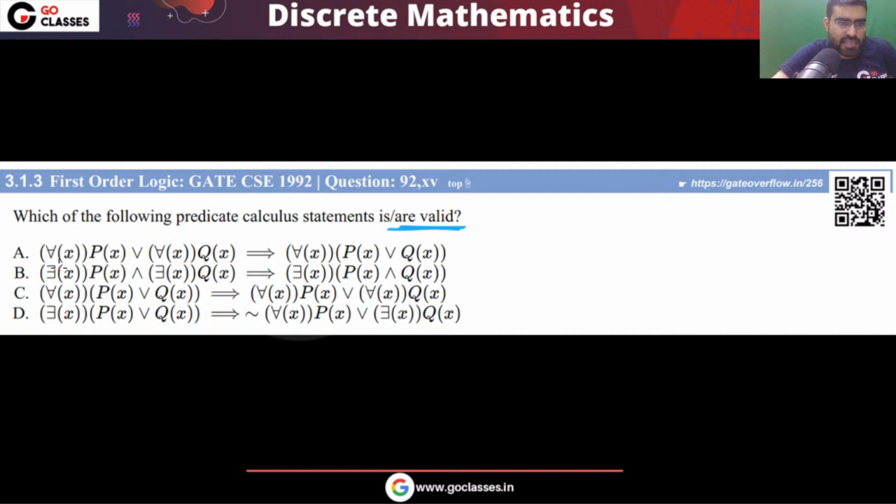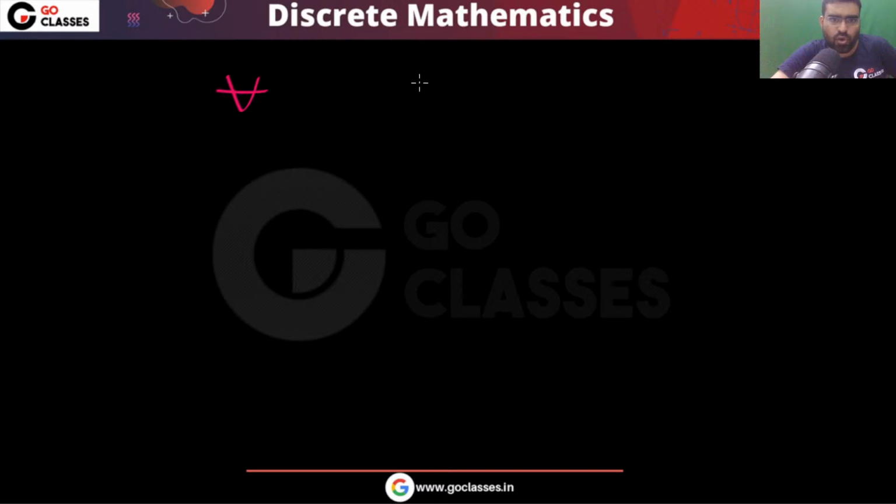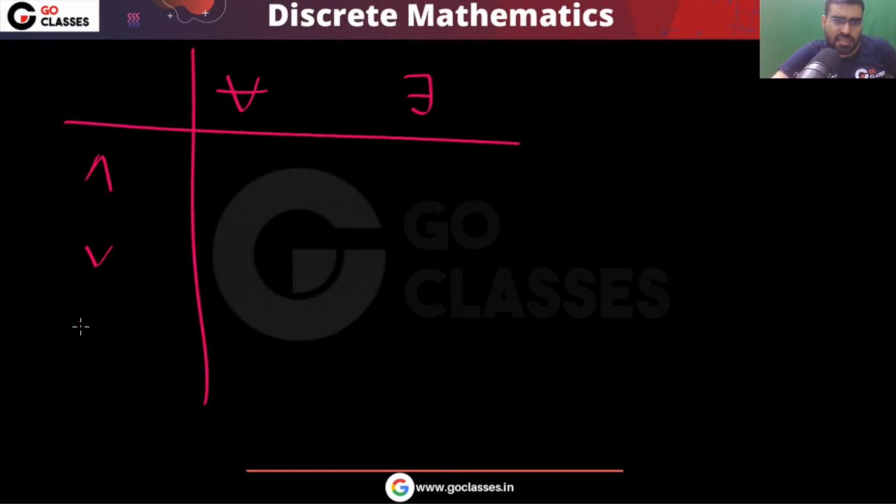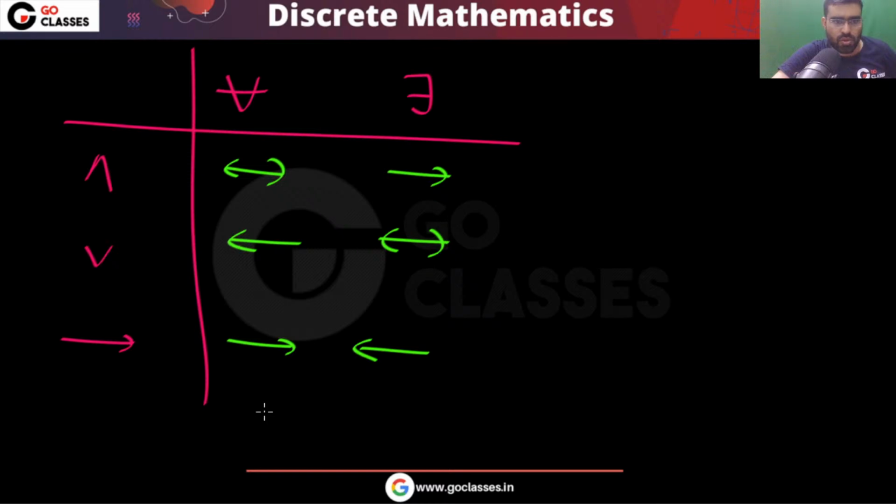Again, you can easily see the universal quantifier going from expanded to compact. Can I go from expanded to compact? This table you already know: for all, there exists, and there is conjunction, disjunction, implication. Now you tell me.